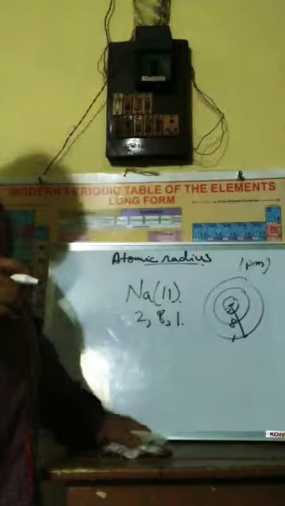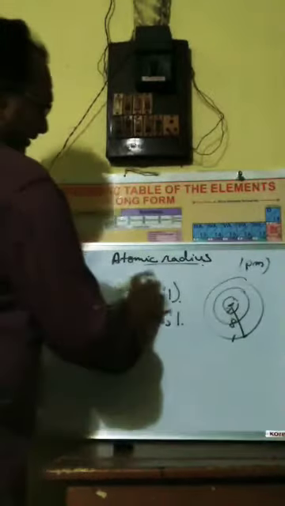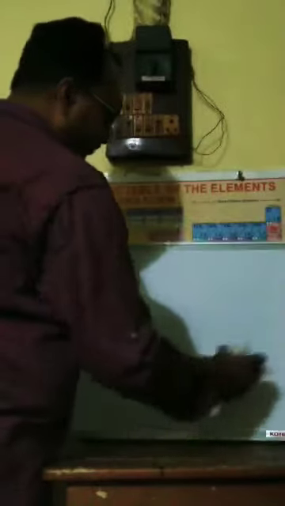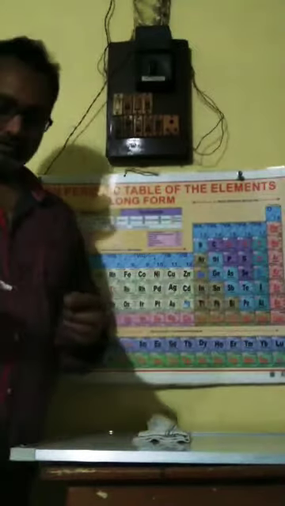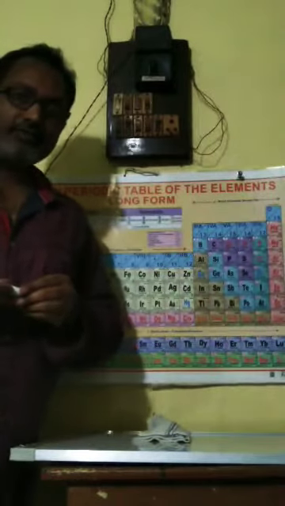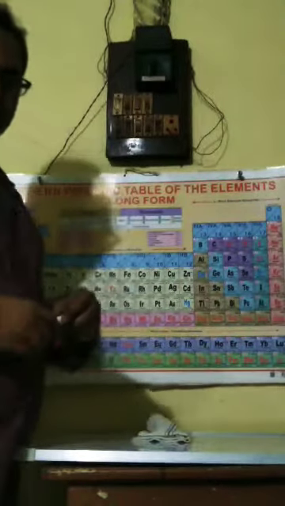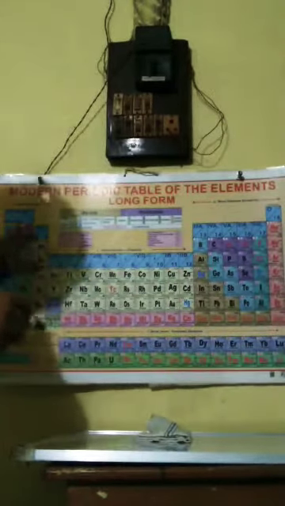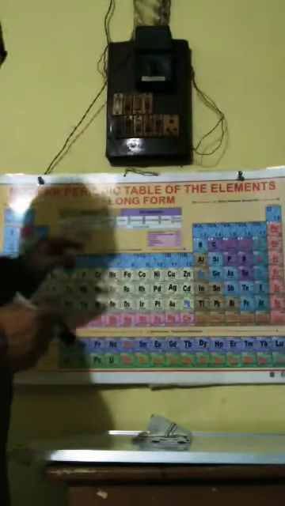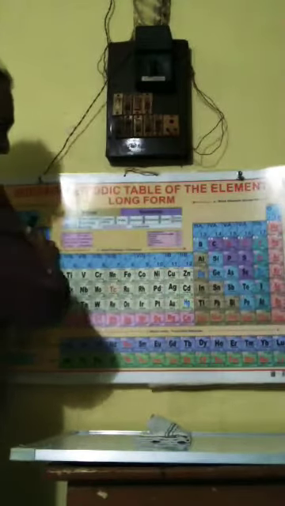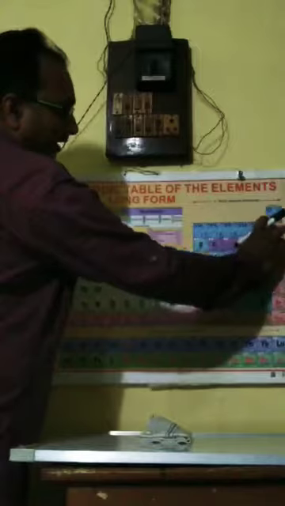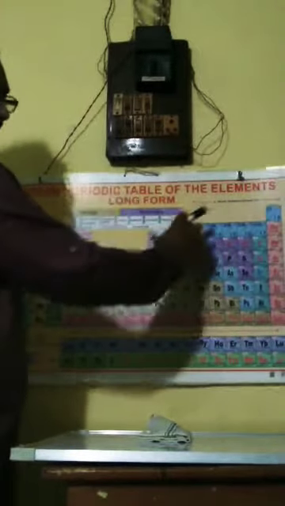Before I explain certain things, you need to note down a few things. First of all, you can write it down quickly: atomic radius decreases along the period from left to right.